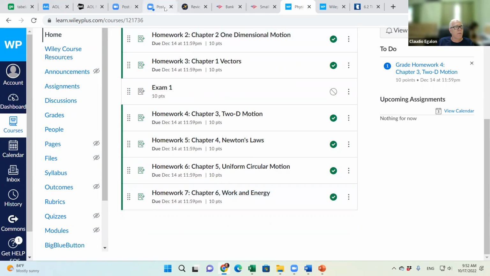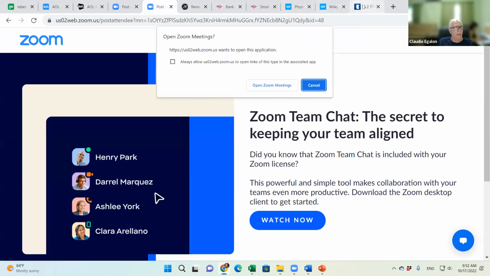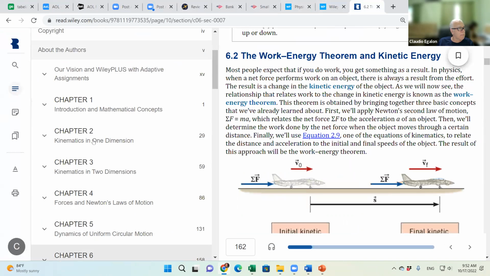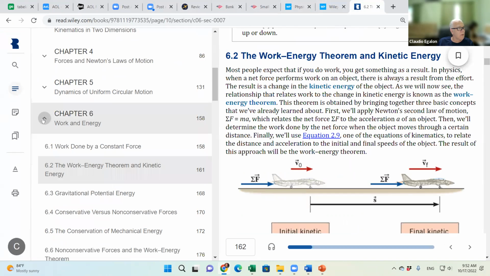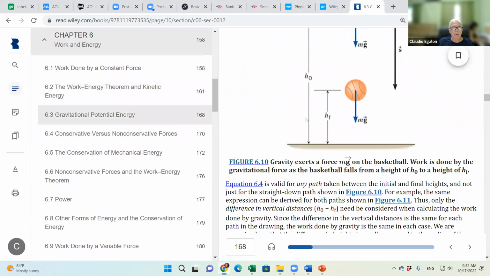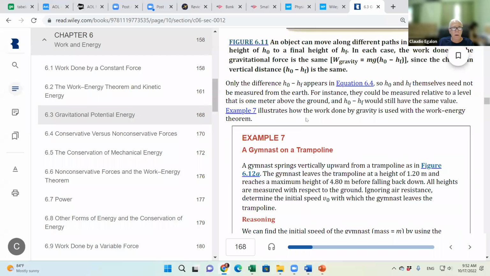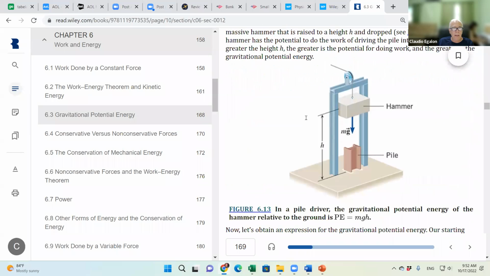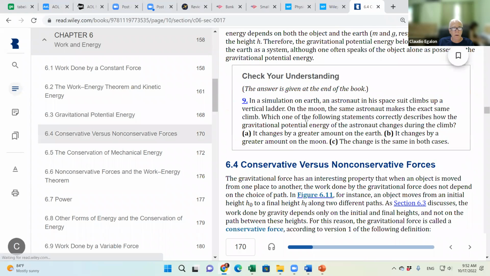Let's take a look at the book. I just went to chapter 6. Work by a constant force, work kinetic energy theorem. Okay, gravitational potential energy. Yeah, we're going to do this part here, and that as well.